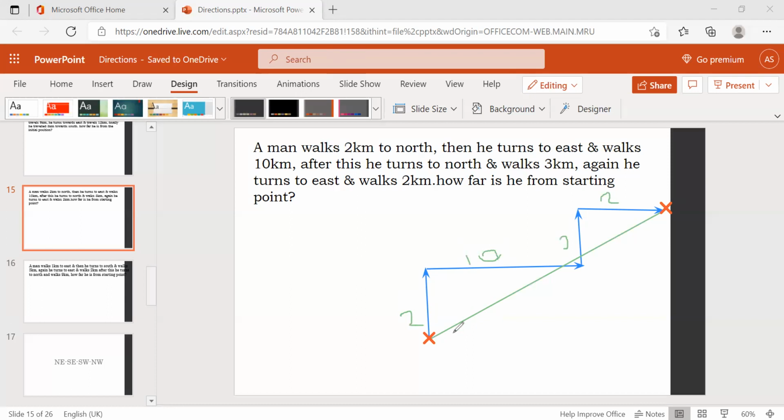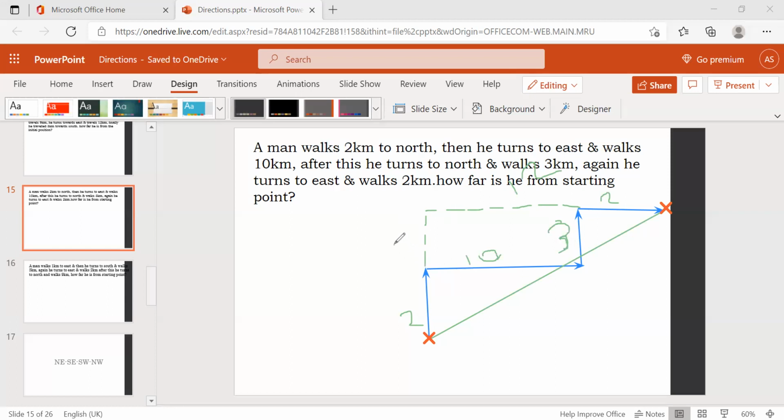Now, what do we require? This length. That means we want the full length of this. Just extend this up to like this, and this. So this is 10 and this is 2, totally 12. And this is 2 and this is 3.